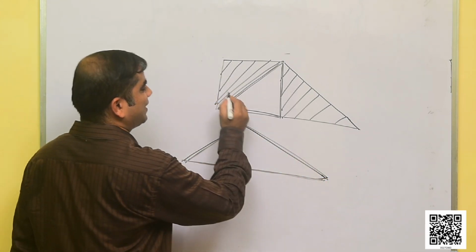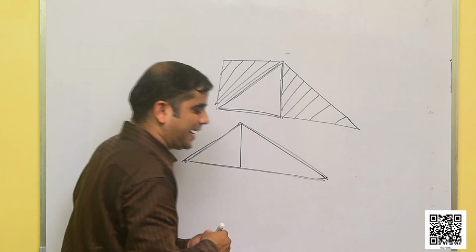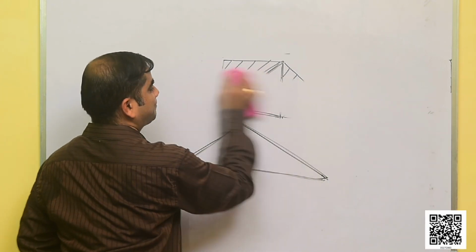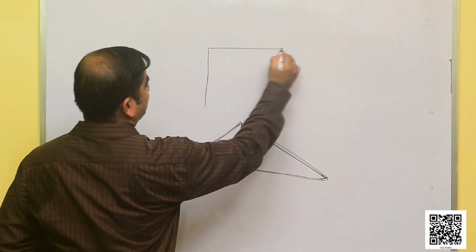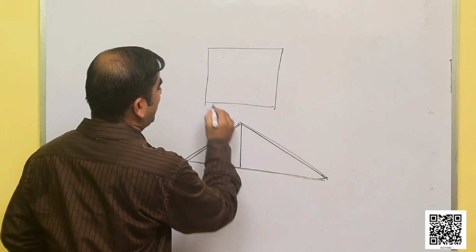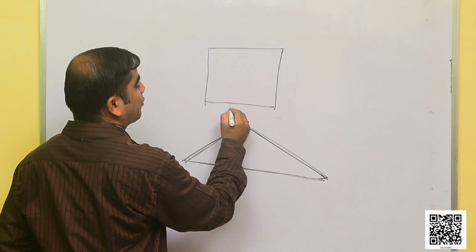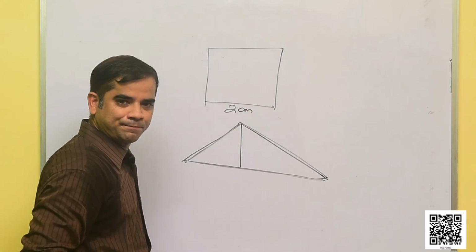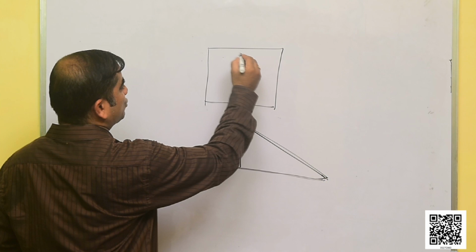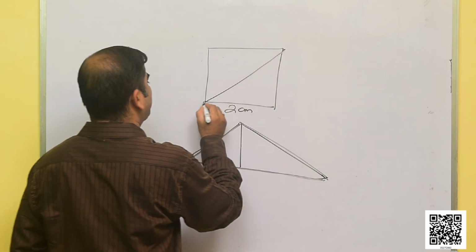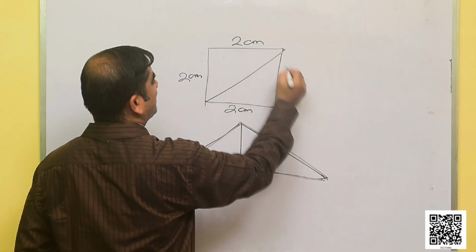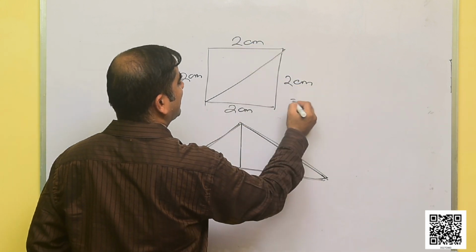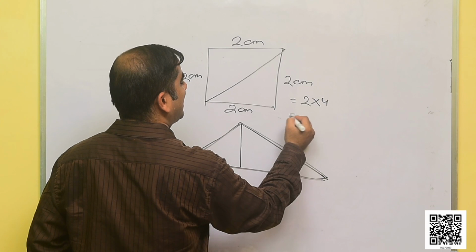Let me draw the square again. Suppose the square has a side length of 2 centimeter, and that means the boundary is 2 centimeter, 2 centimeter, 2 centimeter and 2 centimeter, that is 2 into 4, 8 centimeter.